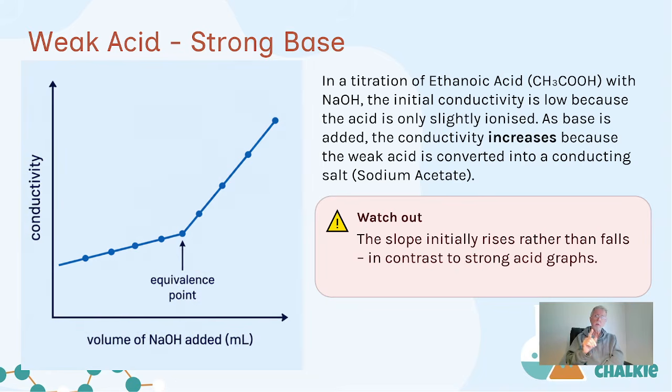Now if you remember, when you keep on adding the ammonia, you're adding a weak base, and therefore you're not going to see any real change in conductivity because the weak base doesn't turn into ions very easily, just like the weak acid didn't.